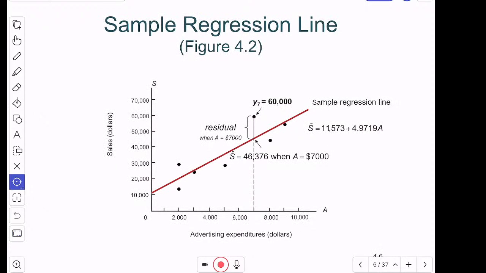So it turns out these dots are all the observations. They're all plotted on the scatter plot.